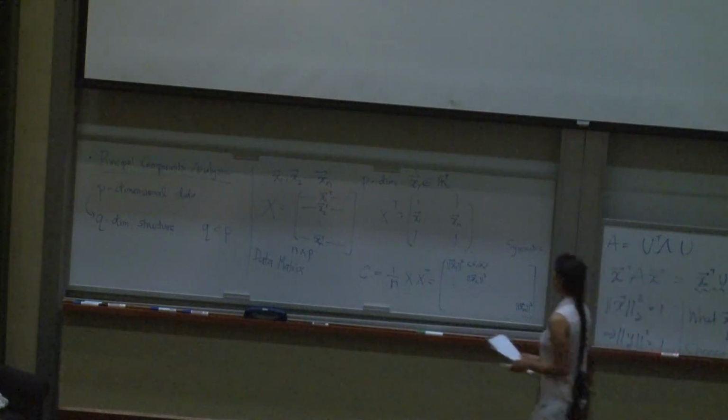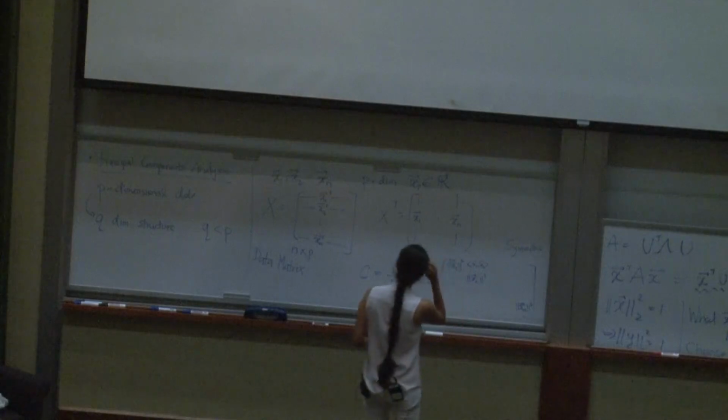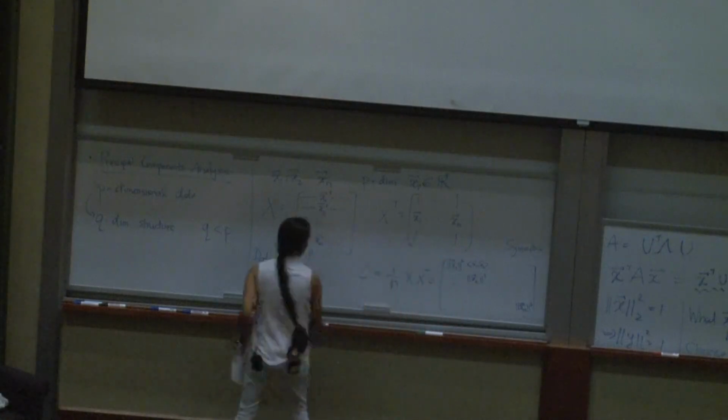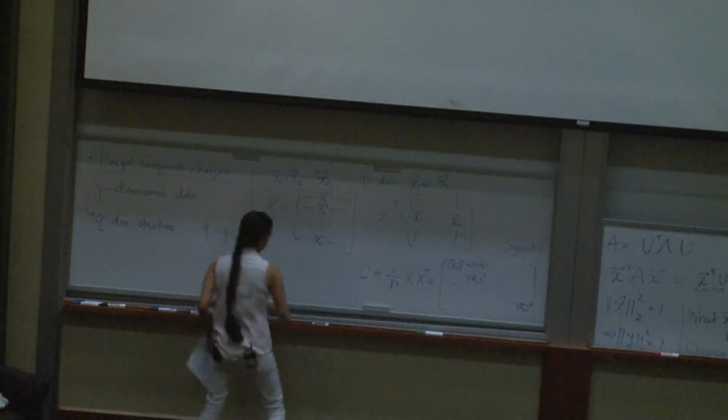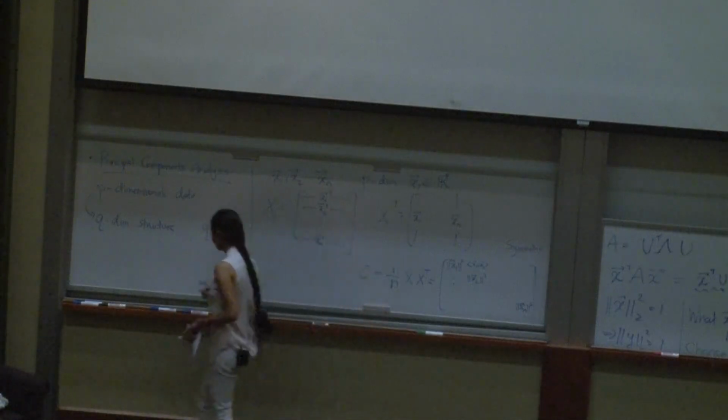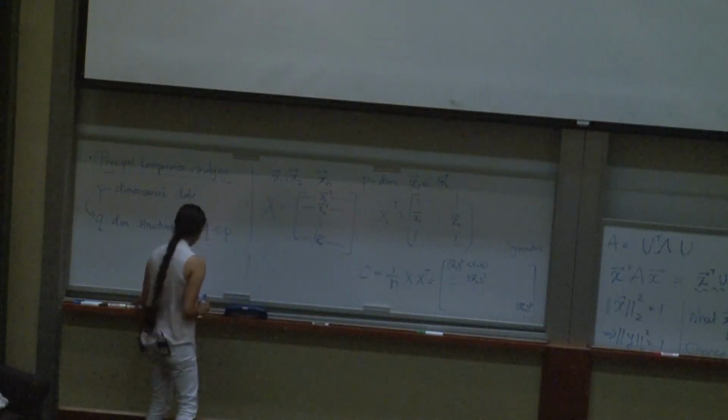Let me check that I've not made a typo. Okay, I'm not sure if I'm going to need this matrix or the transpose of this matrix, or the other matrix. So I'm going to define both of them, and then we'll use whichever one shows up.